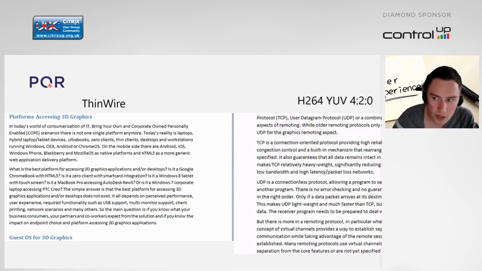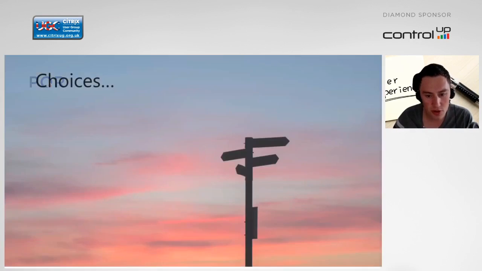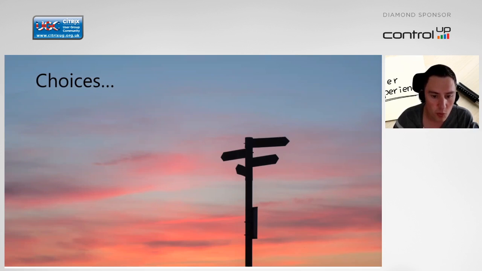So we have choices now. On the left side, we have the user that, once they have a video stream, wants H.264, and on the right side, when they switch back to Microsoft Office, they want to have thin wire, JPEG or PNG encoding.